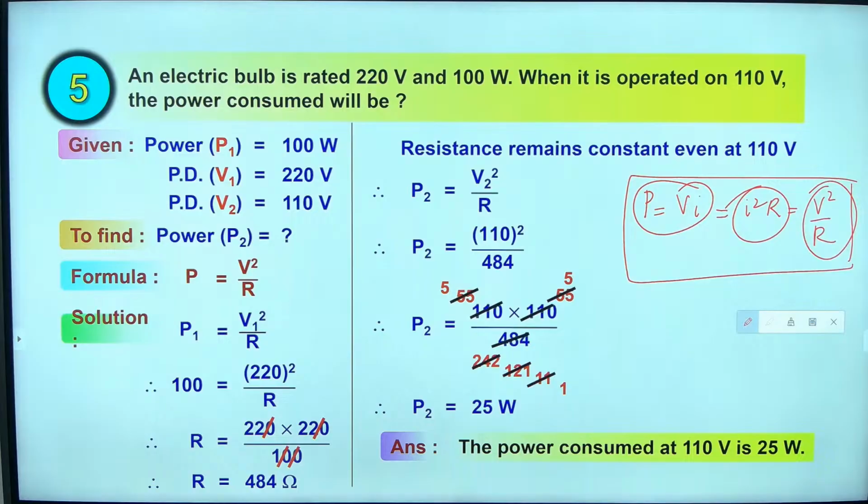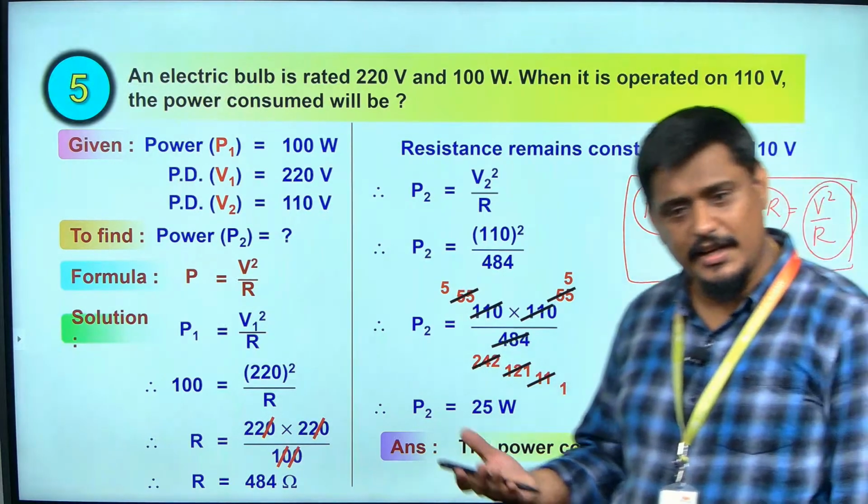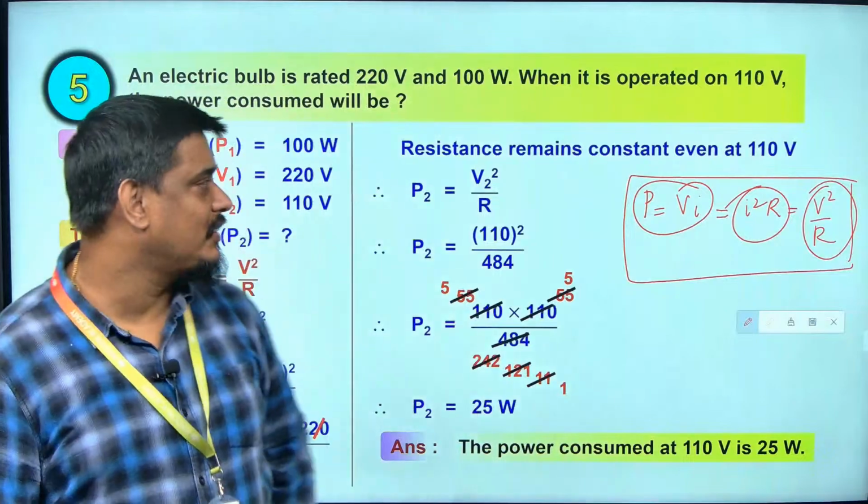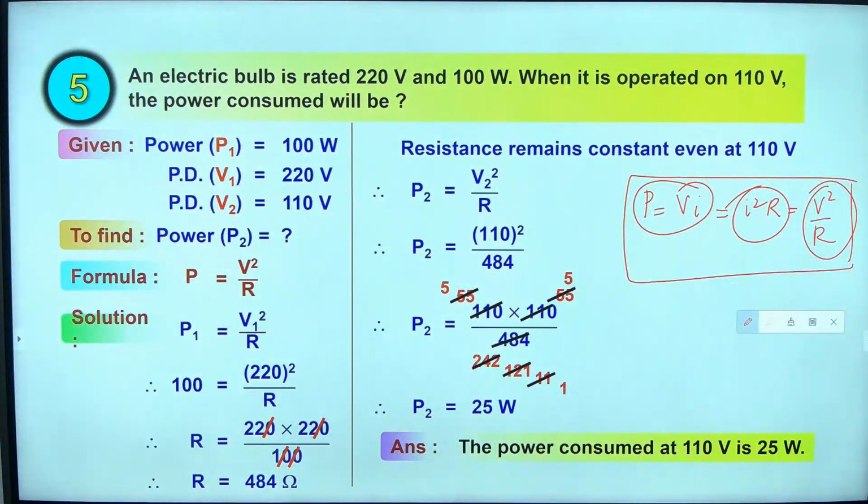How will you decide? What will you choose? Why? That you are seeing in the answer given. Why did they choose this? Any idea? Why not this? Please tell me. Sir, because it was counted in series. They have mentioned anything like that?